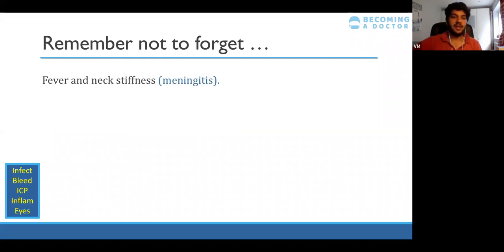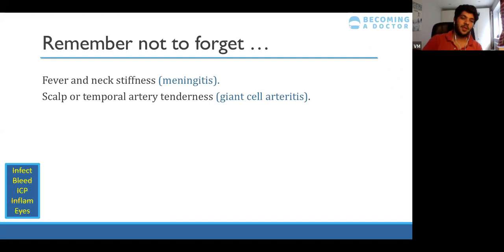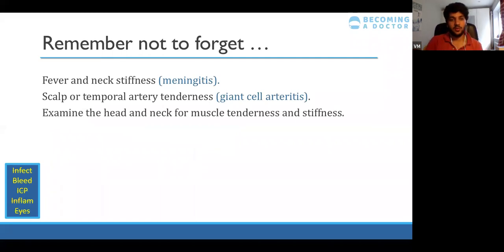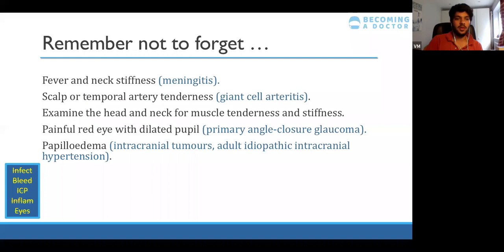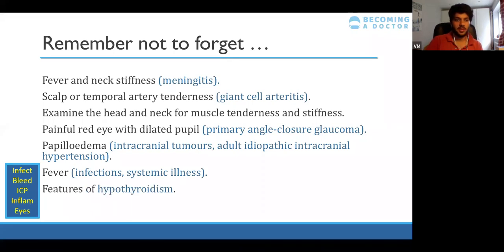Other things not to forget: fever and neck stiffness when we're talking about meningitis, scalp tenderness in GCA, any trauma to the head and neck, painful red eye and dilated pupil for angle closure glaucoma, papilledema, and fevers if there's any infection or systemic illness. Keep these at the back of your mind, ask these questions, and do these examinations.